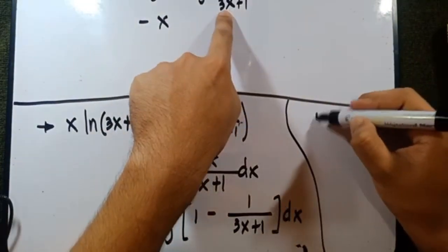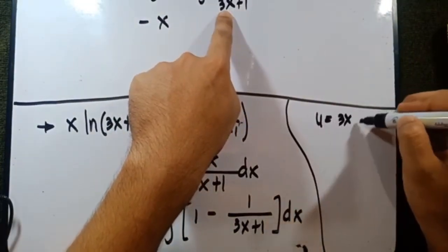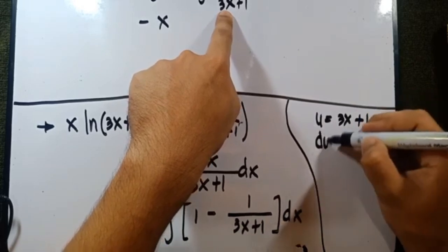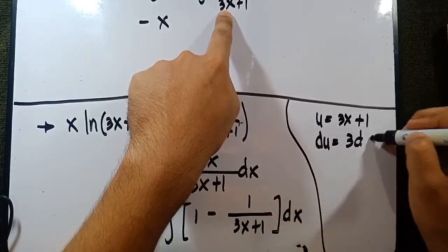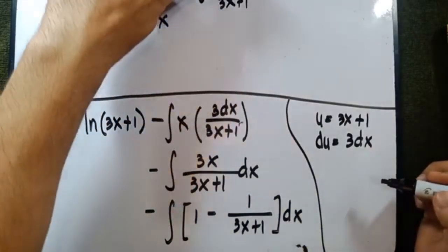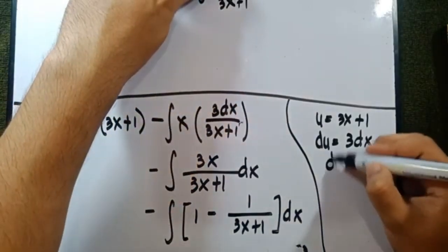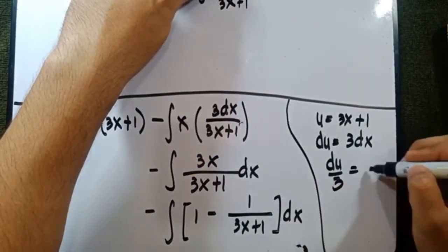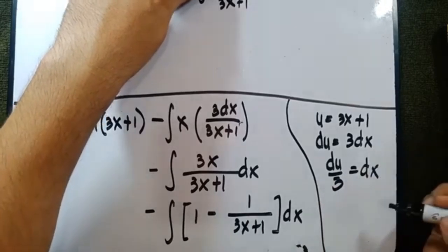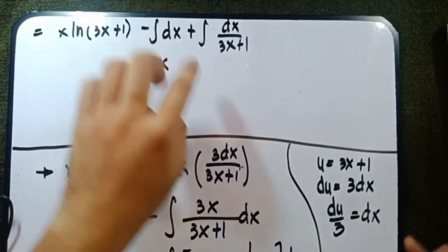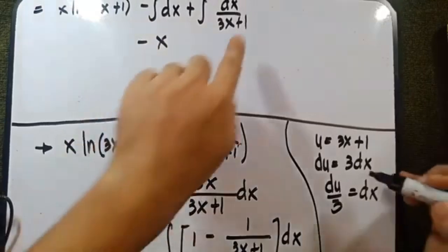Let u be 3x + 1. The derivative of that is 3 dx. So du over 3 equals dx.